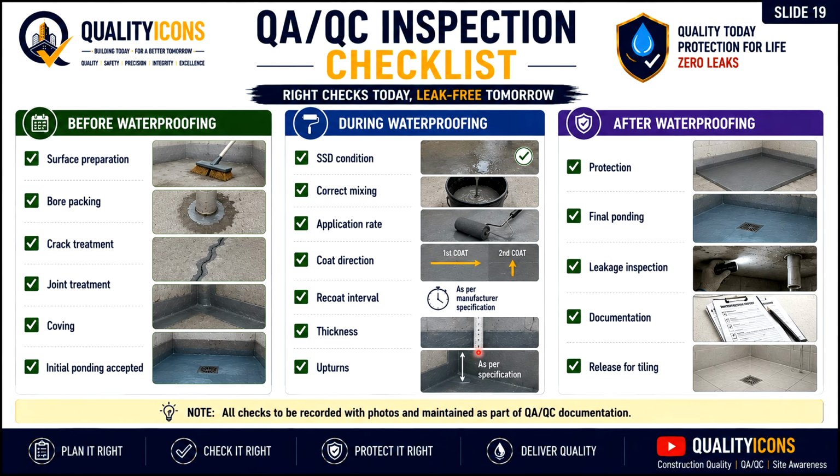Thickness, 1 mm, 1.2 mm or 1.5 mm, per project requirement. Upturns, also per project specifications. After waterproofing: protection screed or plaster, final ponding, leakage inspection, documentation, release for tiling. Note, all checks to be recorded with photos and maintained as part of QAQC documentation.